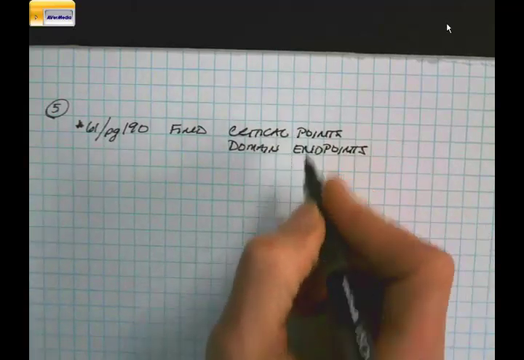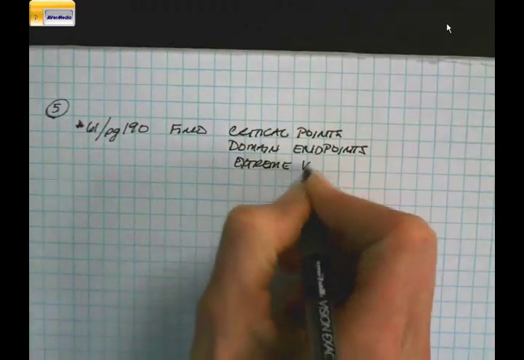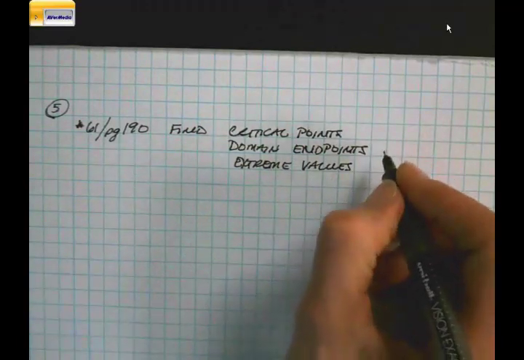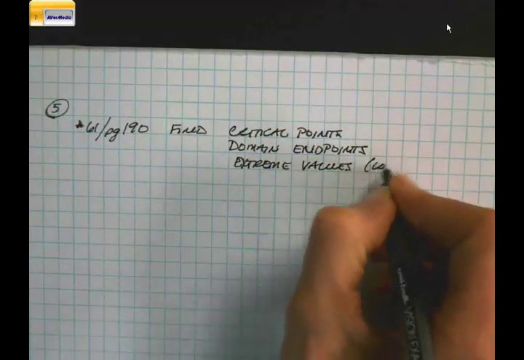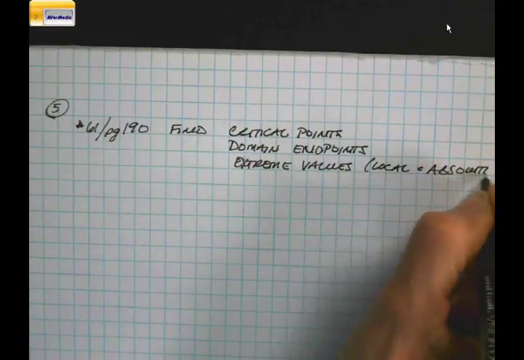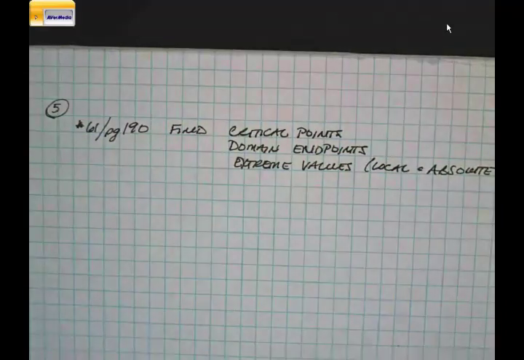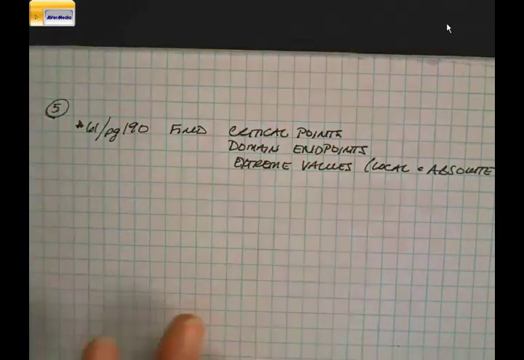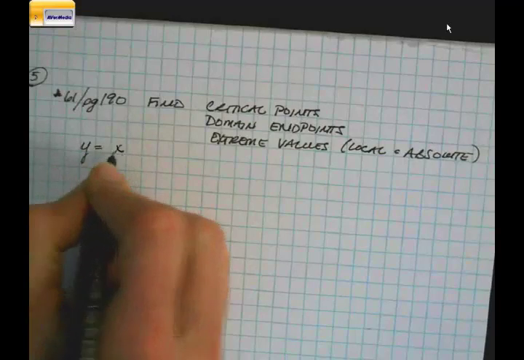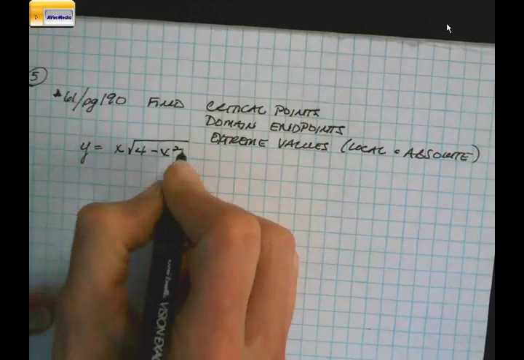And then to find the extreme values, and then in parentheses they put absolute and local, for the function. That's the question. And here on number 61, the equation is y equaling x times the square root of 4 minus x squared, and close it off.